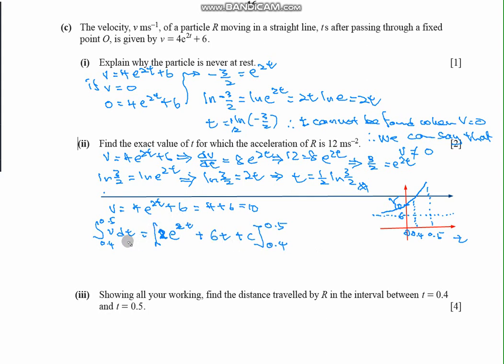Now if you integrate the v function, this is what you get. Then you substitute inside, and you get the distance traveled by the particle during the interval t equal to 0.4 to t equal to 0.5. It's a very straightforward answer, as long as there is no turning point in between the period. So we will continue this in the next video.